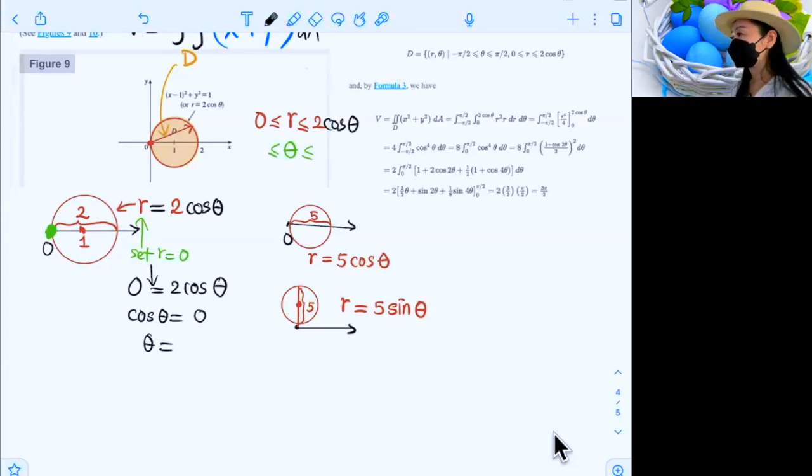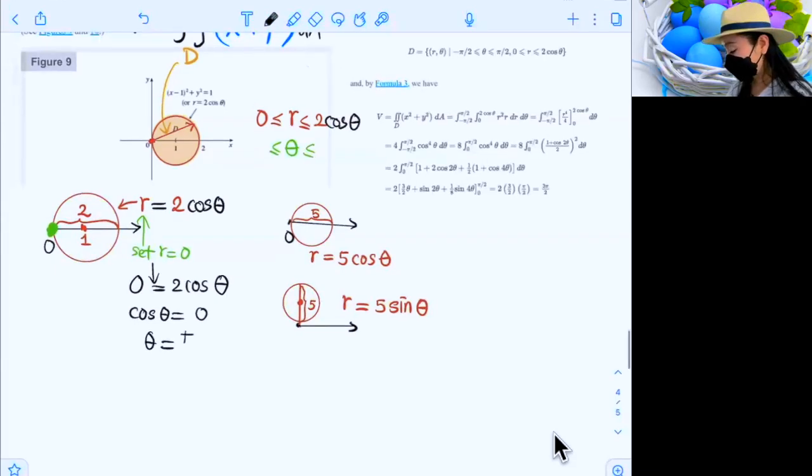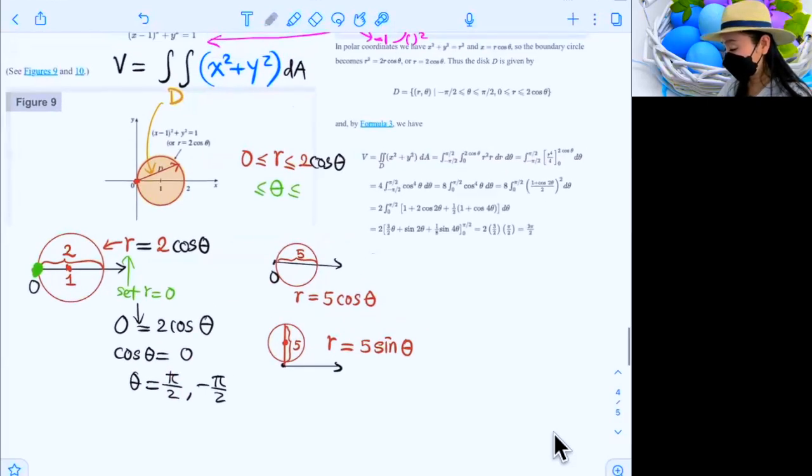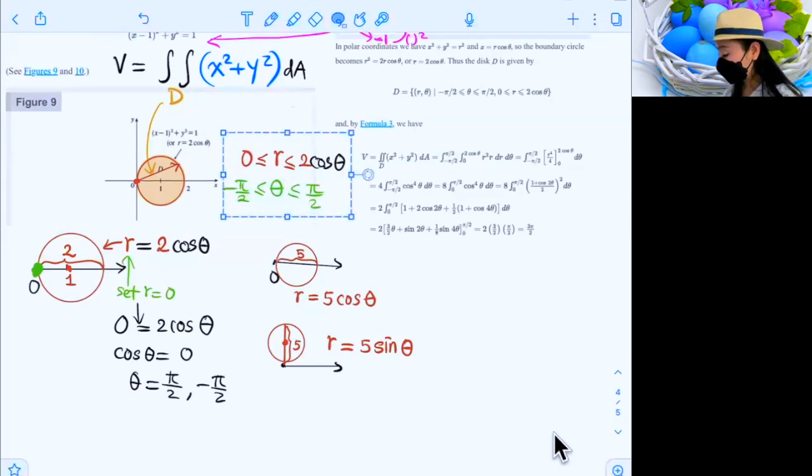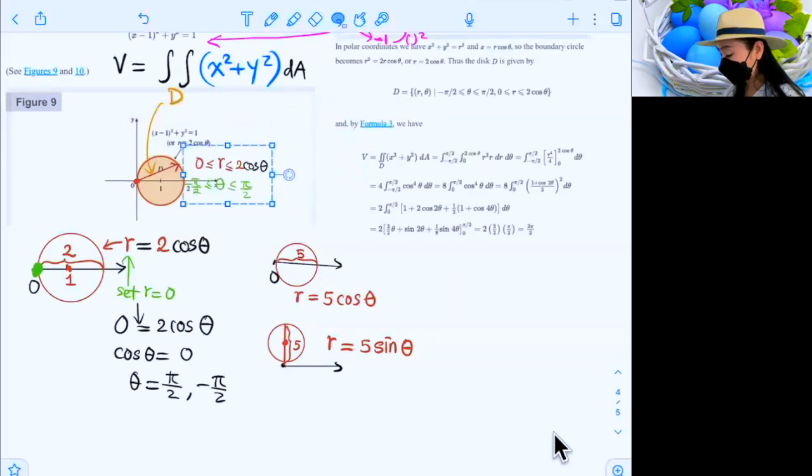Theta equal to pi over 2, and negative pi over 2. So it's going to be at the pole when theta equals negative pi over 2 and pi over 2. So here we'll have theta go from negative pi over 2 to pi over 2. So now we have this, then we should be able to continue with this integral. I'm going to make this on the other side.